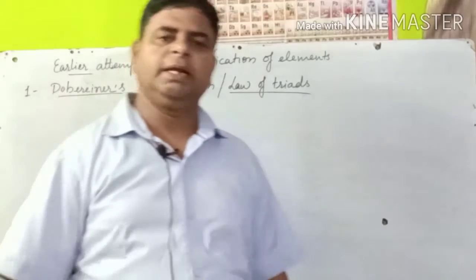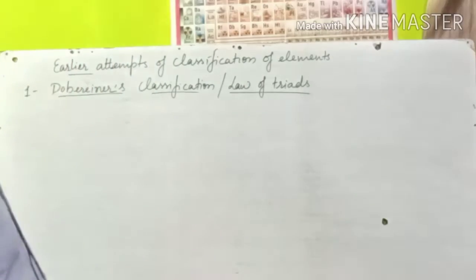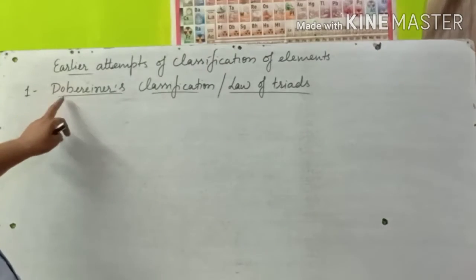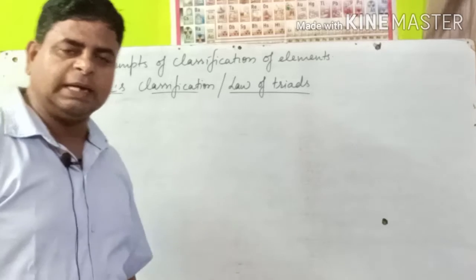Now the earlier attempts of classification, in which the first attempt is Dobereiner's classification or law of triads.